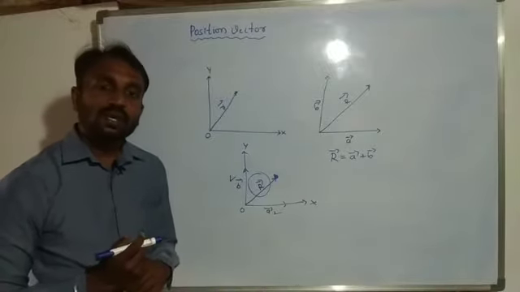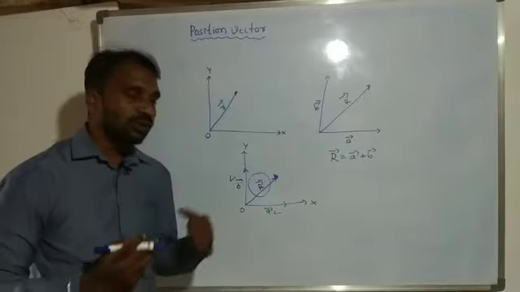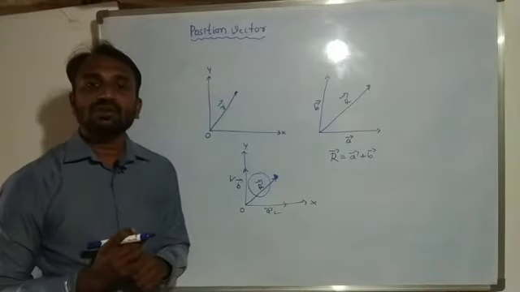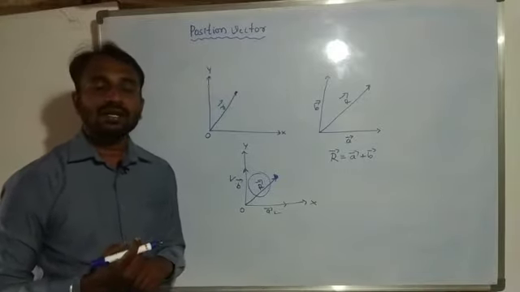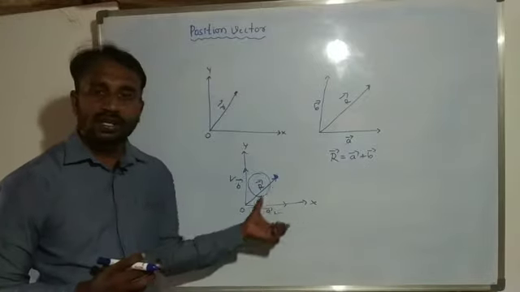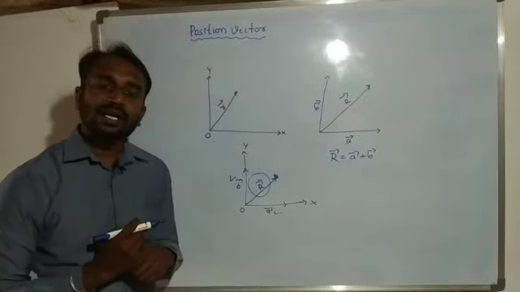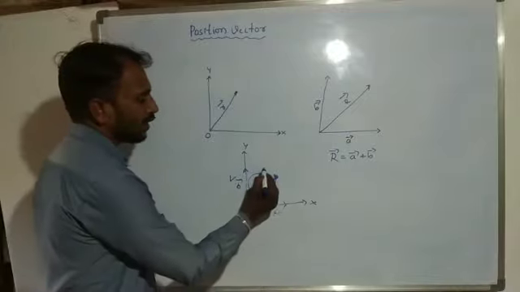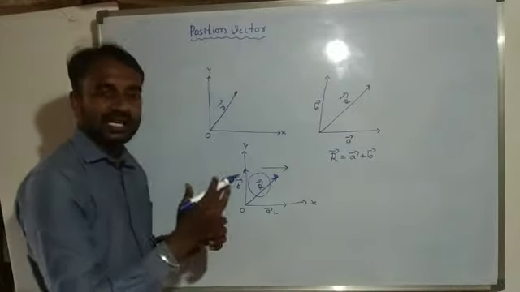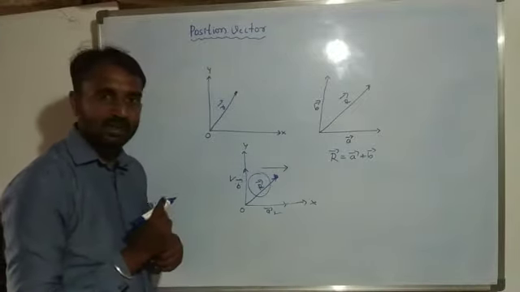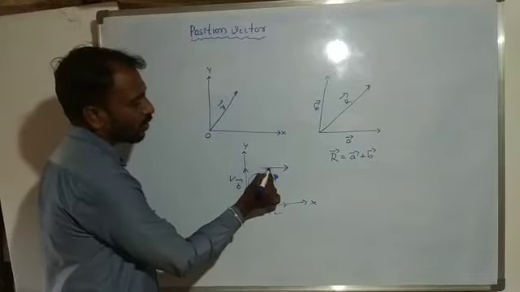For this reason, by using this position vector, we easily find the position of a particle present in a coordinate system. And suppose an object is moving in a plane, that is, the xy plane. Suppose we want to find the position of the object.